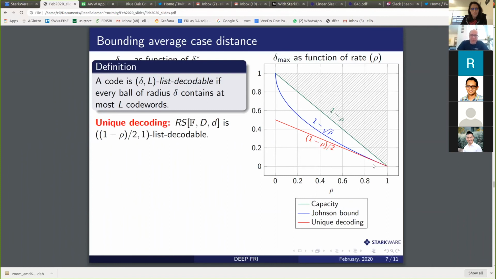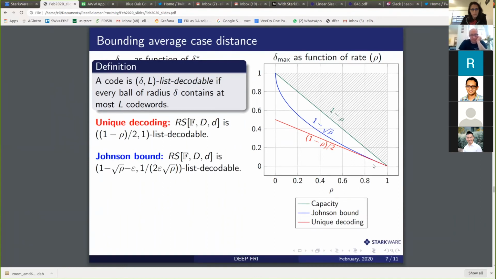And there's also the unique decoding bound, which is the radius up to which every ball contains at most 1 point, and that's half of the distance. Now, the Johnson bound says that if your radius is epsilon smaller than 1 minus square root of rho, then your list size is at most 1 over 2 epsilon square root rho, which is a constant for constant epsilon.